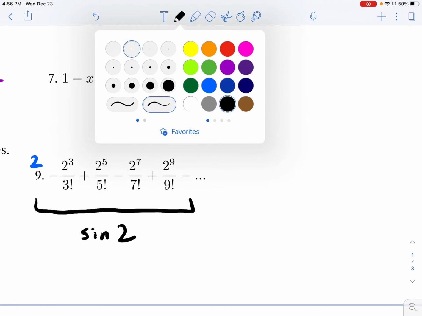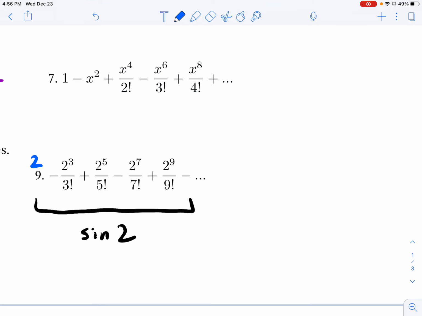But we're advanced enough in our mathematics to know that that's an easy workaround. I can easily just add a 2 there as long as I subtract 2 as well. Now I'm not changing the value of this series in any way. So this entire series here is the sine of 2. I just add 2 and subtract 2, which means this entire series here would just be sine 2 minus 2.